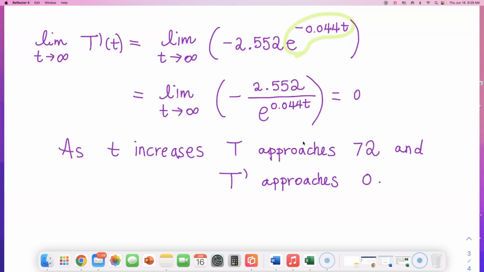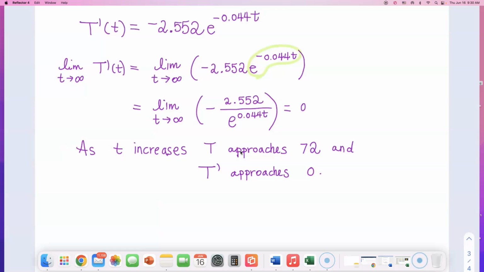Some students will be a little bit more ambiguous. They will say something like, as little t increases, T increases or decreases. You may be right, but if you just say that, then it sounds like it's going up without bound or going down without bound, that it's just going to go to positive or negative infinity. So I did want to be a little more specific. That's why I brought up all this limit.